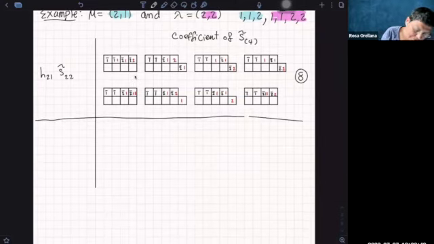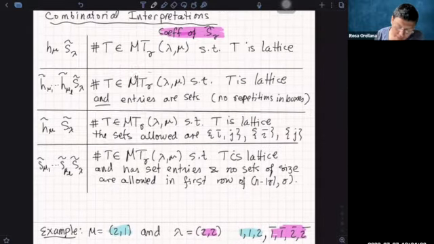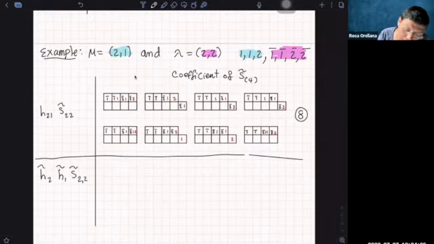The next product was H tilde 2, H tilde 1, times S tilde 2. The condition was, remember, that you do not allow repetitions in the boxes. By looking at it, notice that this one is the only one that has a repetition.